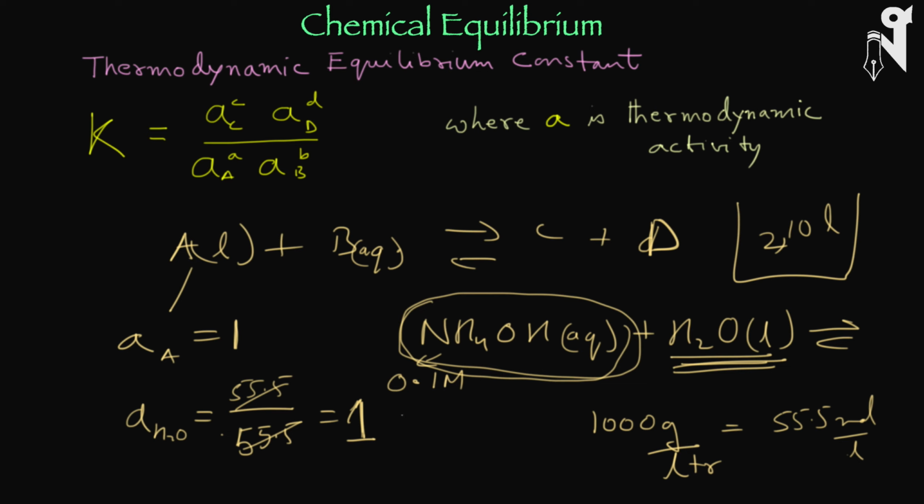Now you can give various reasons for it, like water is so abundant that the rate forward is going to depend only on the concentration of NH4OH. Higher is the concentration of NH4OH, higher will be the rate forward.